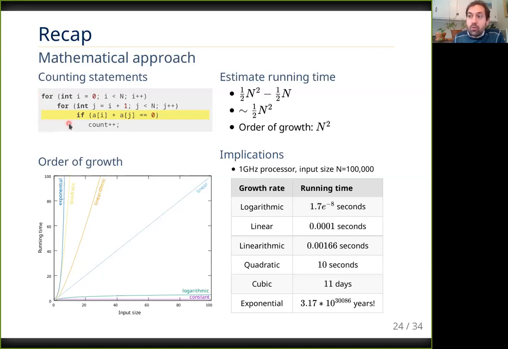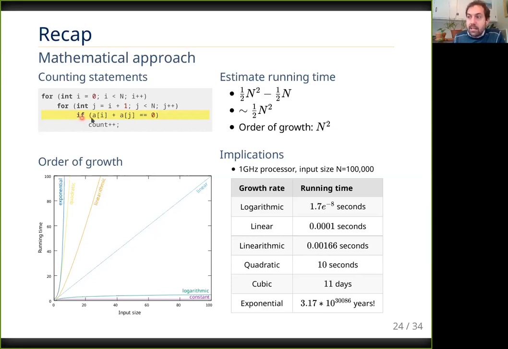And so for the two sum, we could even go further and only look at one single statement, the statement that really represents this algorithm the most, the if statement that tries to detect if we have pairs of items that sum to 0.